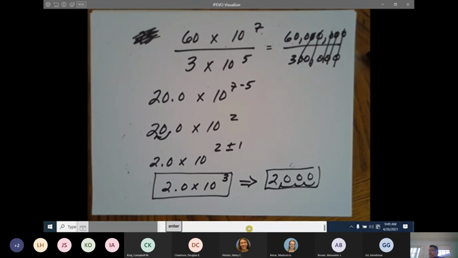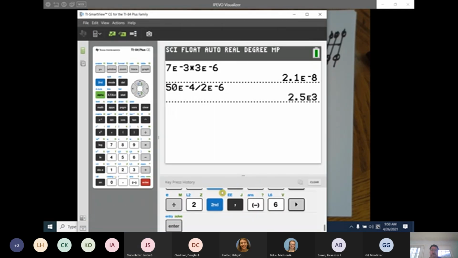I got something off. It's supposed to be 6,000 divided by 3. You missed a 0. You went across. Did I? Yeah. Okay, well, let's check just to make sure.